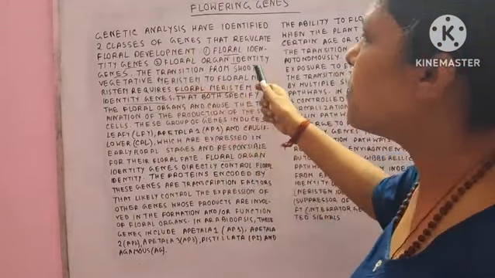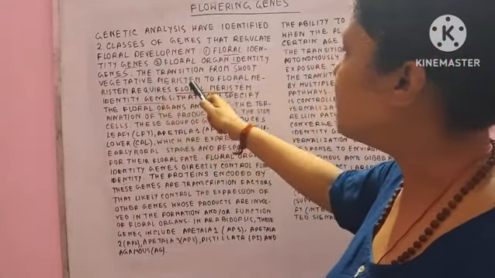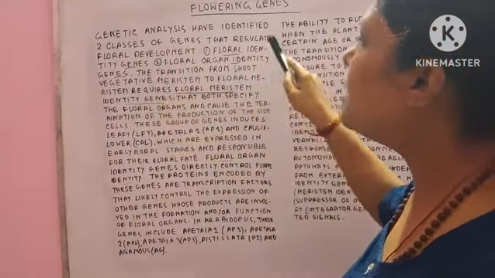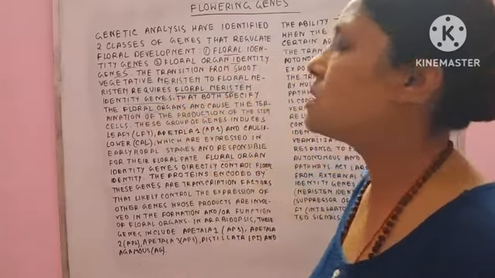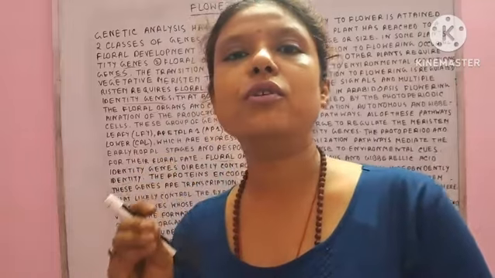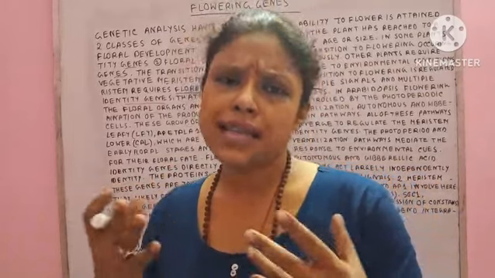The transition from the shoot vegetative meristem to the floral meristem requires the floral meristem identity genes. First of all, you have to know that there are two important places which are responsible for the flowering processes, where the flowers can grow.